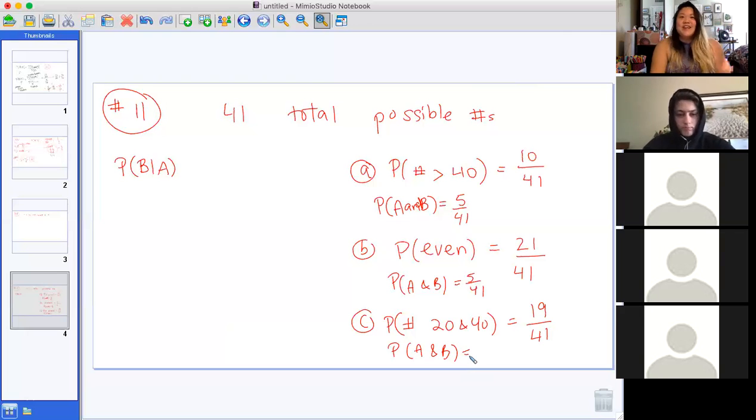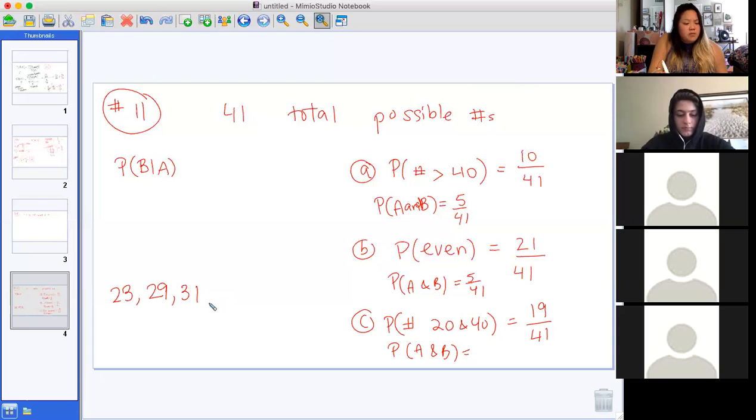Between 20 and 40. I didn't write them down because I counted them out the first time and it was right. 21, 22, 23. 23 is the first one. I'm going to write this down this time. 23 is prime. 24, 25, 26, 27, 28, 29 is prime. 30, 31. 31 is prime. 32, 33, 34, 35, 36, 37.